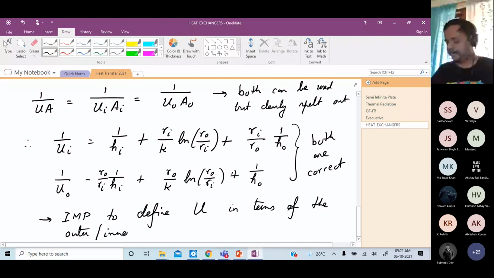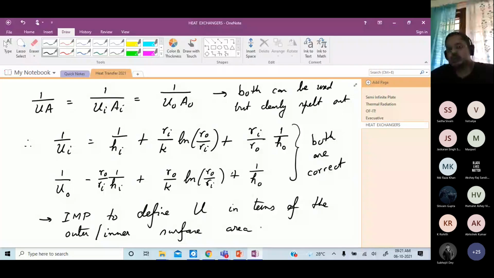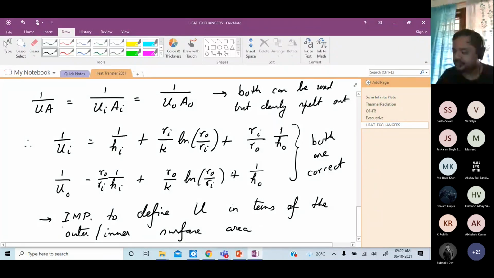If anybody tells you that the overall heat transfer coefficient with the hot and cold fluids in a tubular arrangement is some X watts per meter squared Kelvin, you must ask them whether this overall heat transfer coefficient is based on the inner surface area or the outer surface. Then somebody says, oh, it doesn't matter, it's like a 6-inch radius, and you are talking about maybe a few millimeters of thickness.